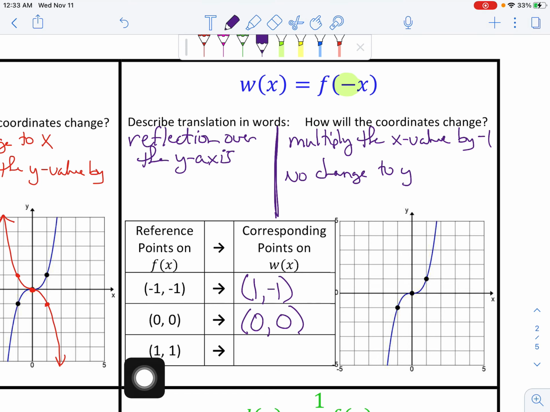Don't change the y value. And then positive 1 here, we're going to flip its sign, make it -1, leave the y value alone. It's 1. So this point, -1, 1, is going to flip over to the right side of the y-axis, and it's going to become 1, -1. 0, 0 doesn't change, and this point is going to flip over here and be the point -1, +1.